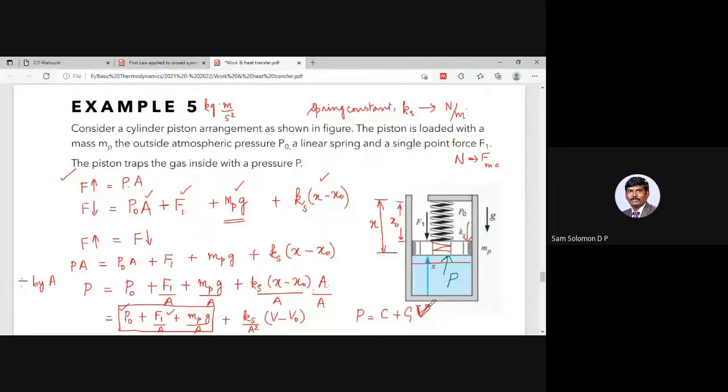So now I get an equation P equal to C plus C1V, which is similar to y equal to mx plus C. I have written it in such a way that you can understand.